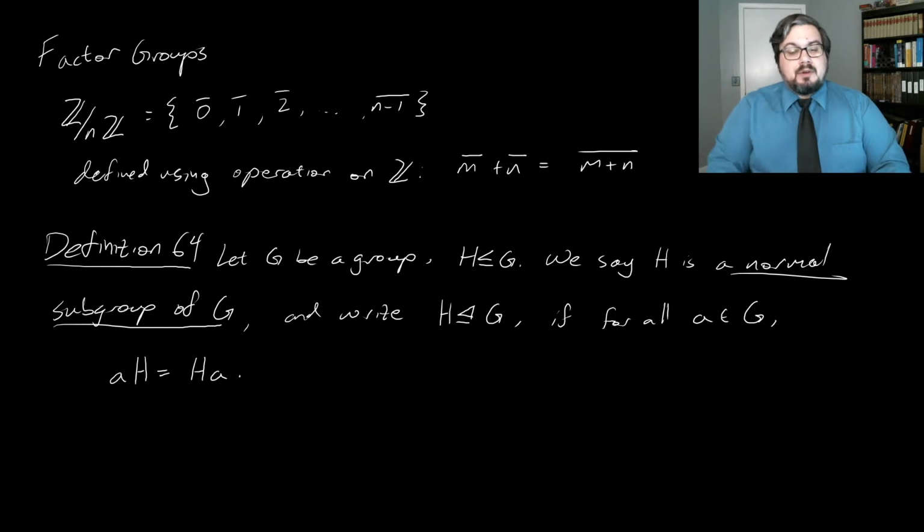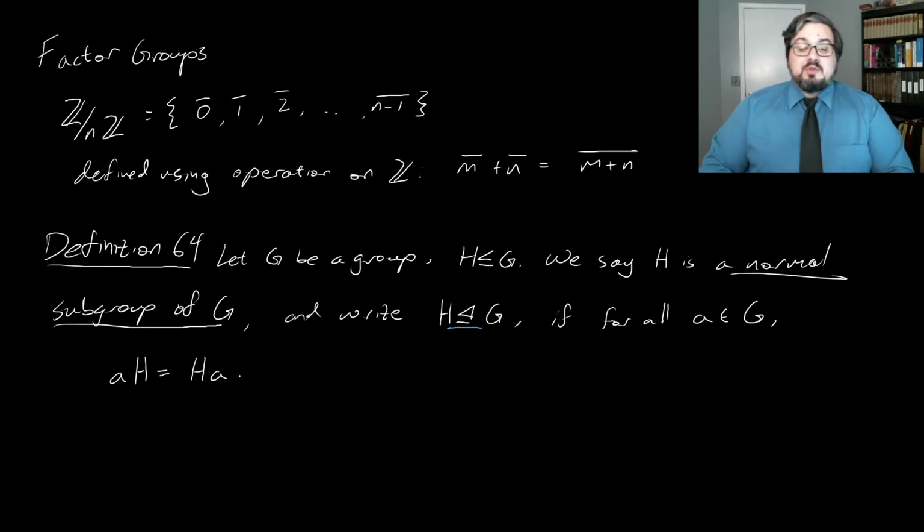So notice that we have a slight modification to the subgroup notation for this. Our original subgroup notation was basically just a less than or equal to symbol. Our normal subgroup notation is that symbol, but where we've connected up the ends of the less than part of the symbol to get this little triangle pointing towards the subgroup.